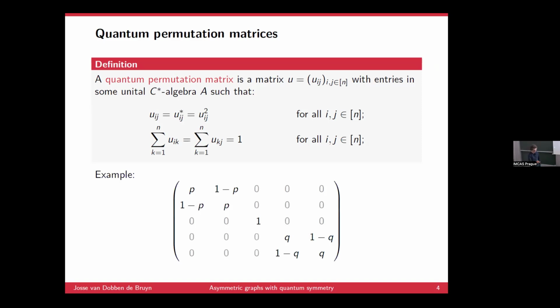So an example here, if we take just two projections in any C-star algebra, you can build a very, very simple quantum permutation matrix where the entries are not commutative, and that's going to be important later. And I'll, oh no, wait, I have to give the definition first.